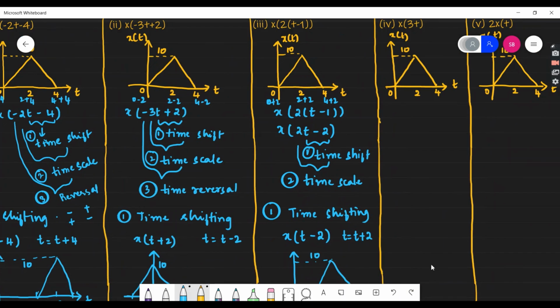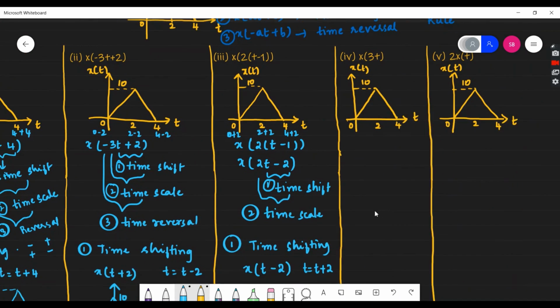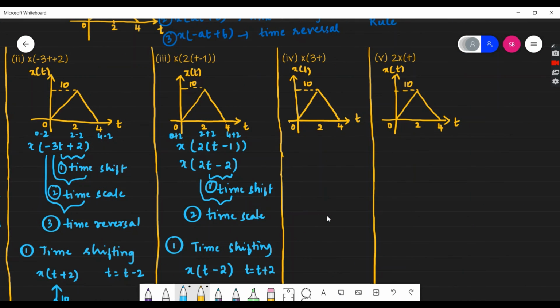So the fourth problem we will go with is x of 3t. If you see here, a constant term is multiplied with t. This type of operation we call time scaling. So this includes only one particular operation, which is time scaling.